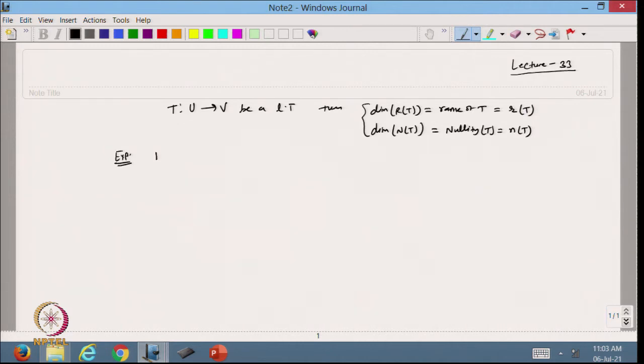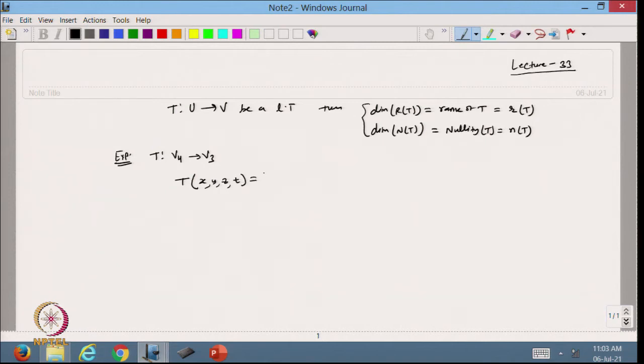So let's take one example. Suppose I take a linear transformation T from V4 to V3. In the previous case we have taken a transformation from V3 to V4. Now we are taking from V4 to V3 by the transformation T. So we are representing it as (x, y, z, t).